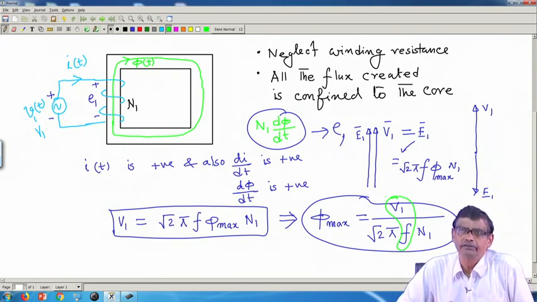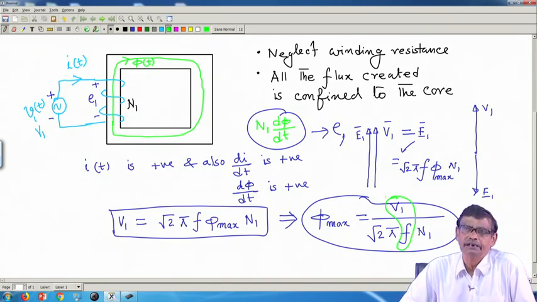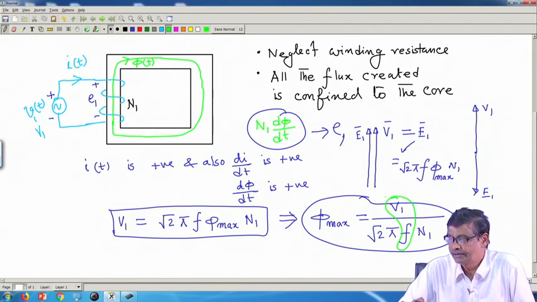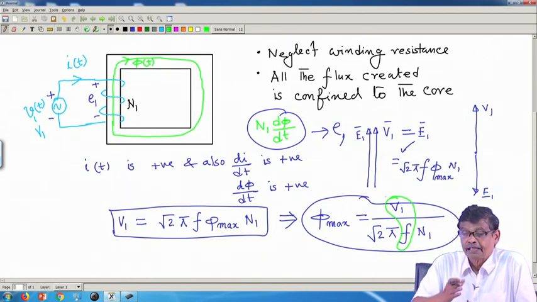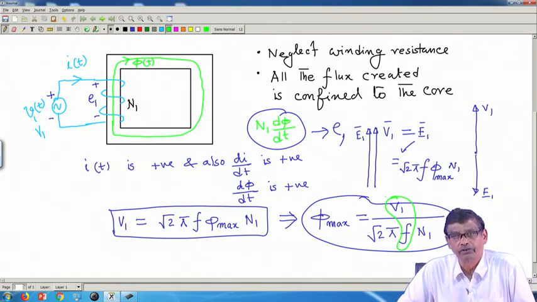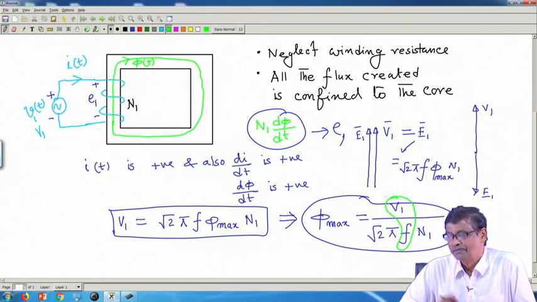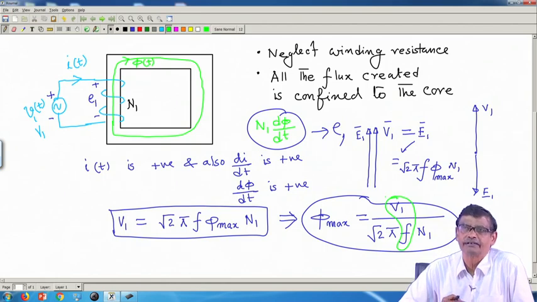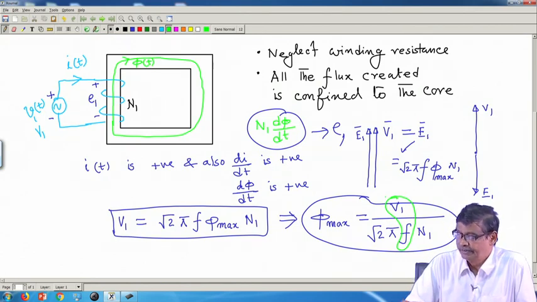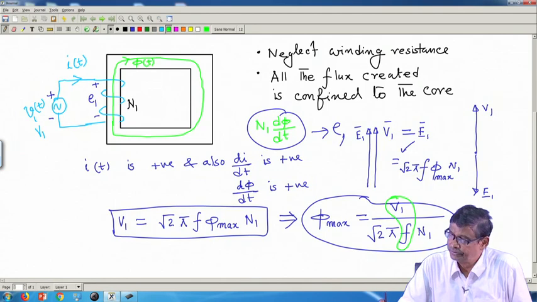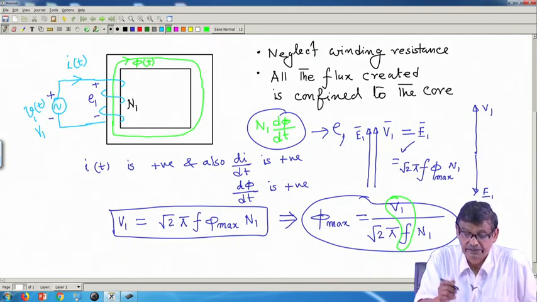To describe a sinusoidal function completely, what you need is its peak value and the frequency. So, if a coil is excited from a sinusoidal voltage source, the value of phi max gets fixed, meaning the value of flux gets fixed in the core of the machine. This is the thing one should remember very carefully.